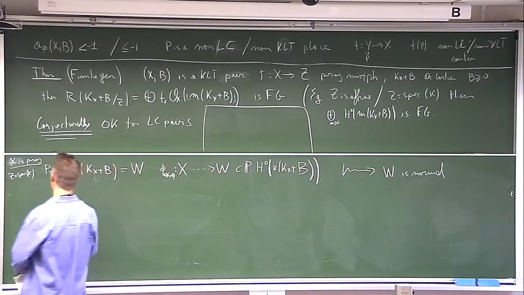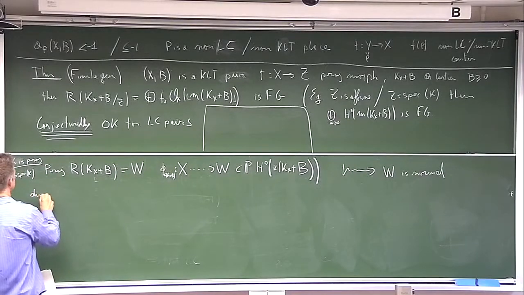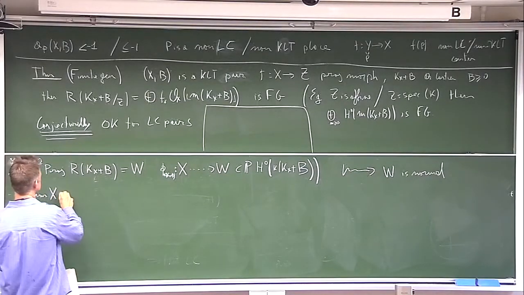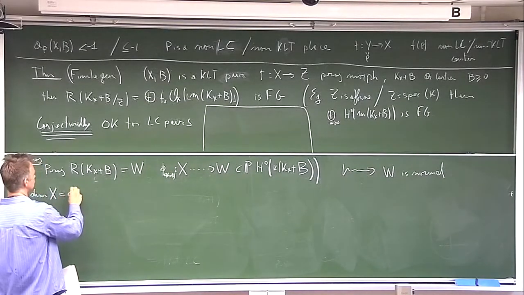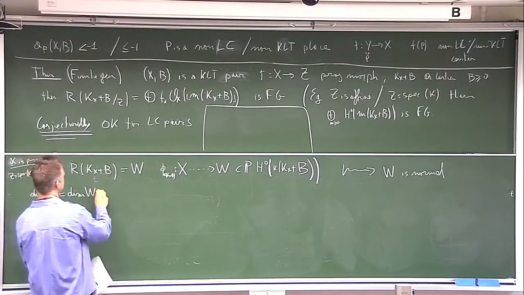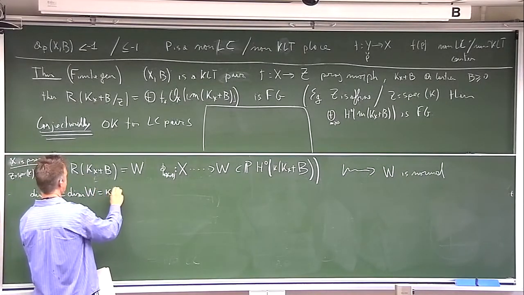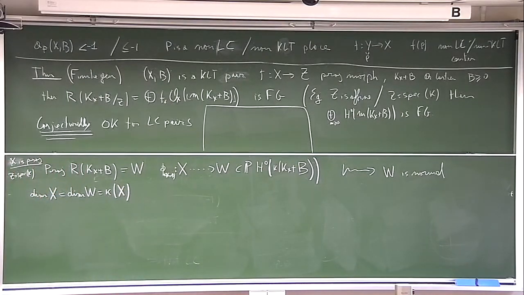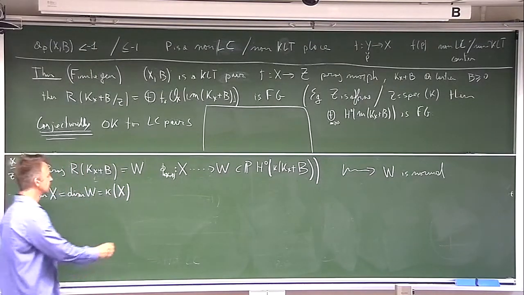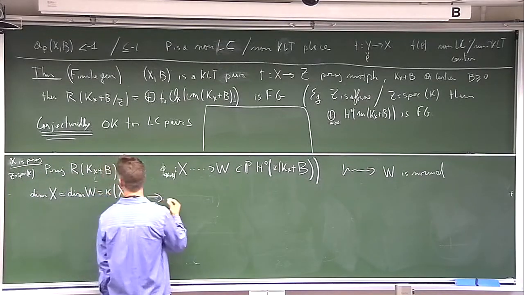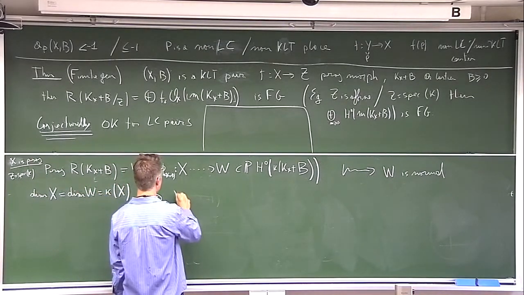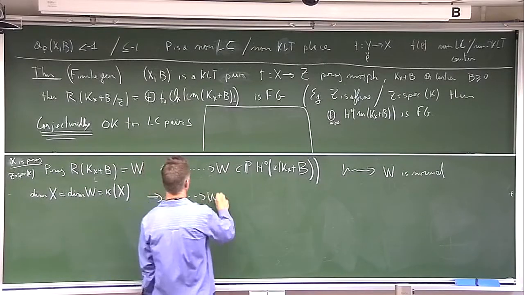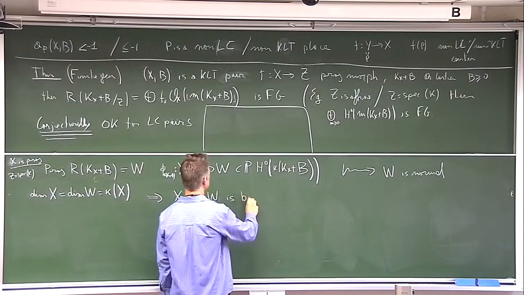And one very interesting case is suppose that the dimension of X is equal to the dimension of W. The dimension of W is easy to check. That's just kappa of X, the Kodaira dimension of X. So if these two things are the same, then one can check that this map, X to W, is actually going to be birational.